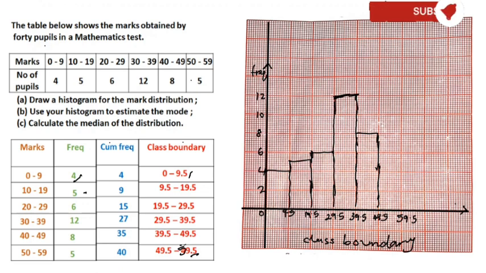Okay. 1, 2, 3, 4, 5. So I'll draw it from here this way. Then I'll join this downward. Okay. So next, to get the mode, we're going to join this point here to this point, and this point here to this point.